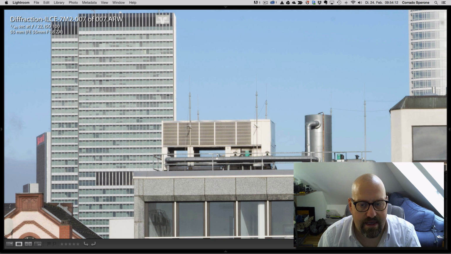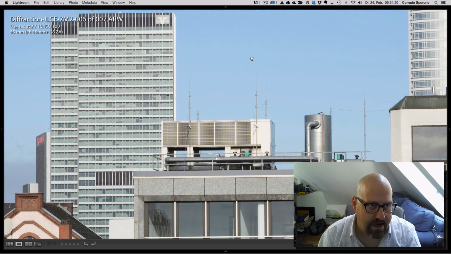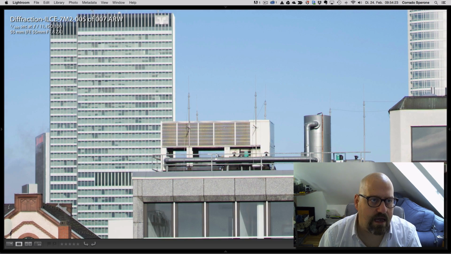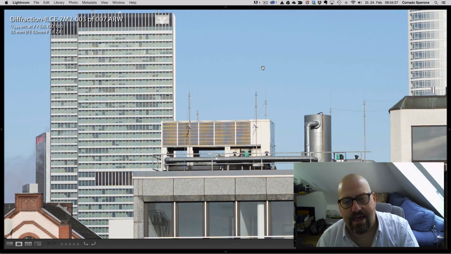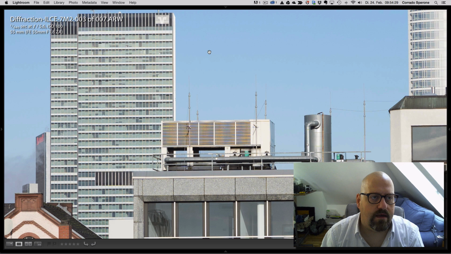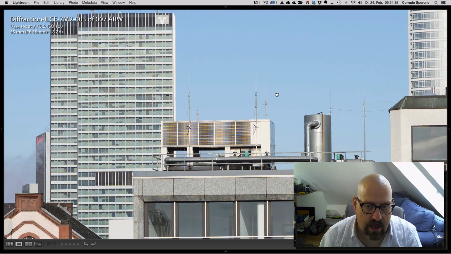It may not be as evident as on the smaller sensor camera, but it's definitely there. So again, I think I can say that the sweet spot for this camera is the 5.6 f-stop with the large sensor camera. It's definitely the 5.6 with the smaller sensor camera.